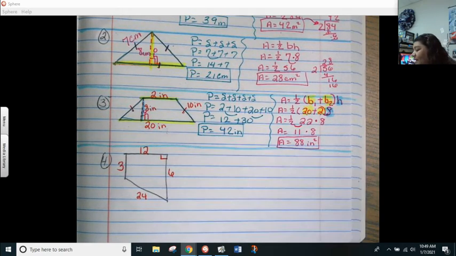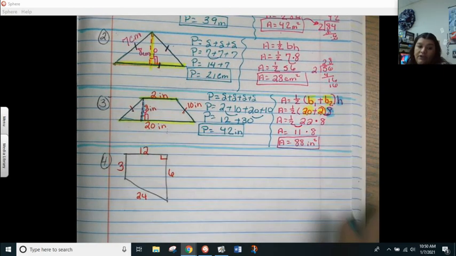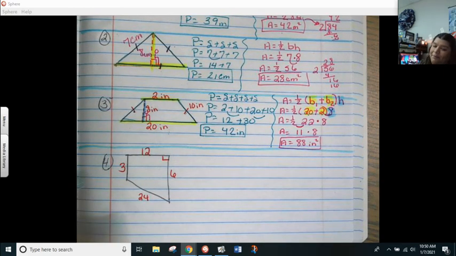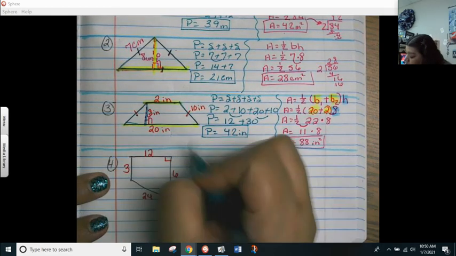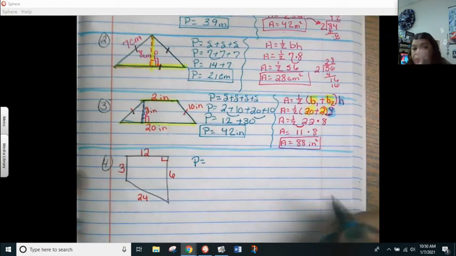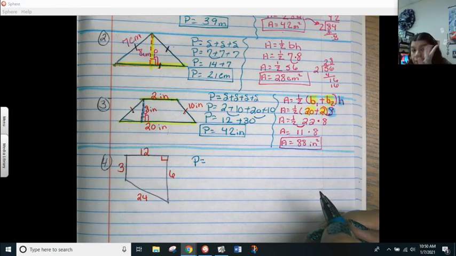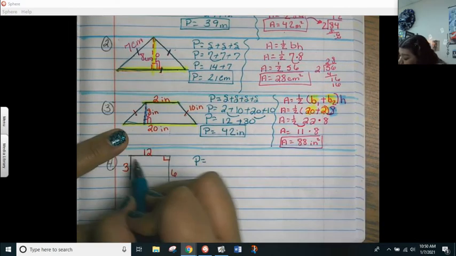Right? Okay. Go ahead and draw the last one. The last one, I made it tricky. Okay? Go ahead and draw it, and then I'll show you what's going on. All right. First of all, let's do the perimeter. It has 4 sides, so I should be going around this 4. Okay? Just go around.